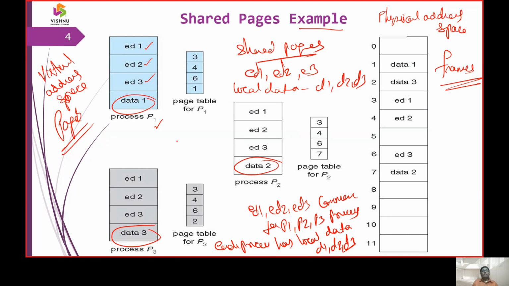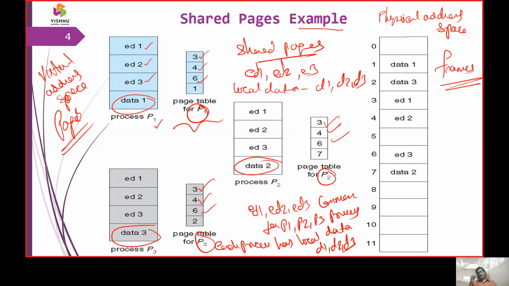So we have a page table for process P1, and it is going to map the editor pages to 3, 4, and 6, and similarly 3, 4, and 6 for process P2 and process P3.